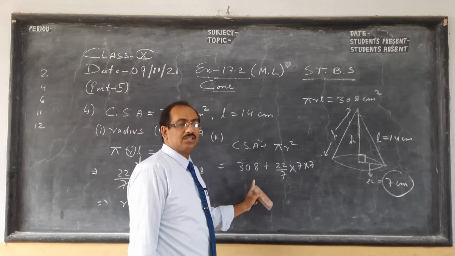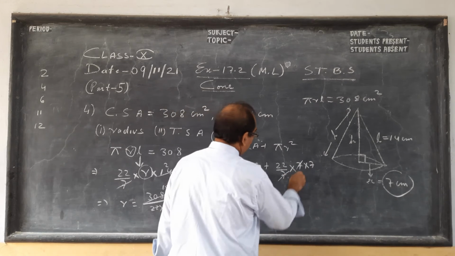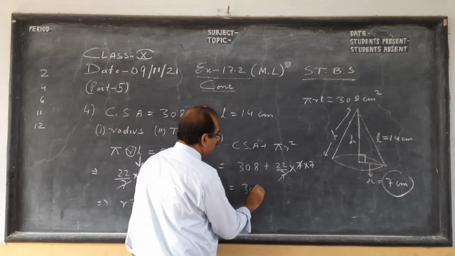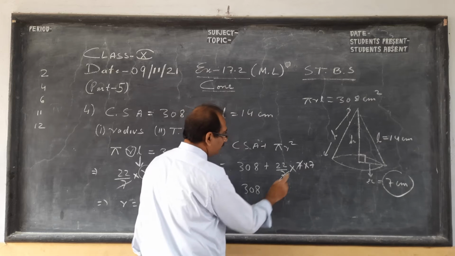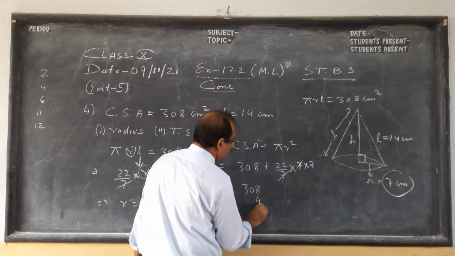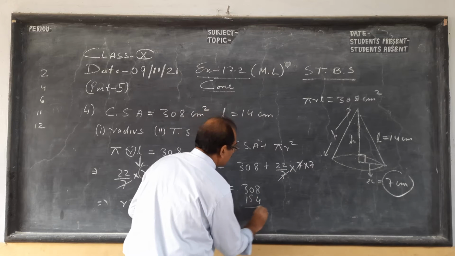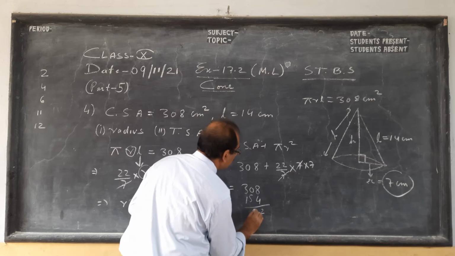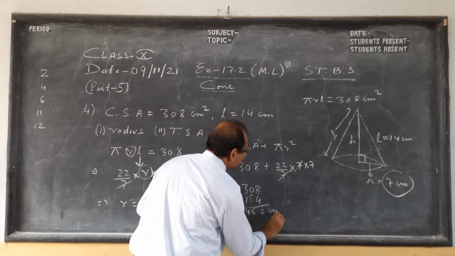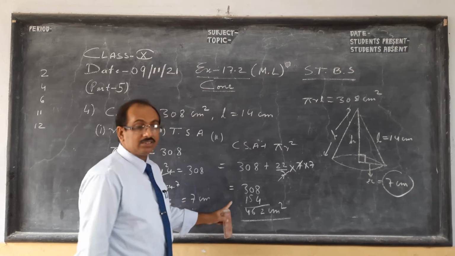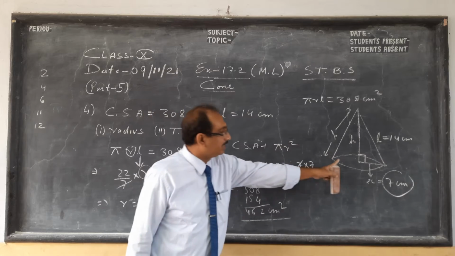This is the easiest, children, I'll show you. So here we simply add 308 plus 7 into 22. 7 2s are 14, 1, 7 2s are 14 and 15. So we get 462 centimeters square. This is the best way of doing it. Curved surface area we add.